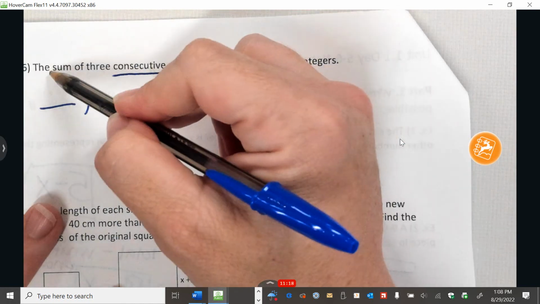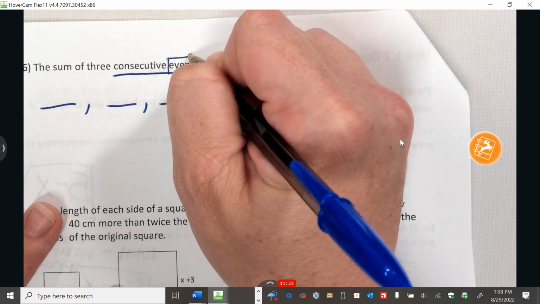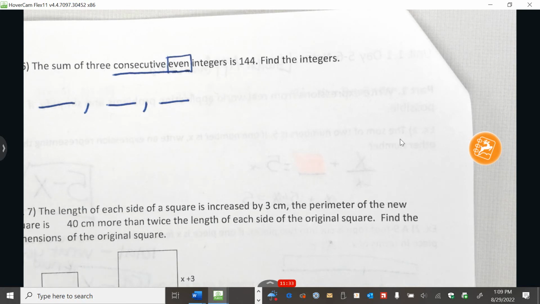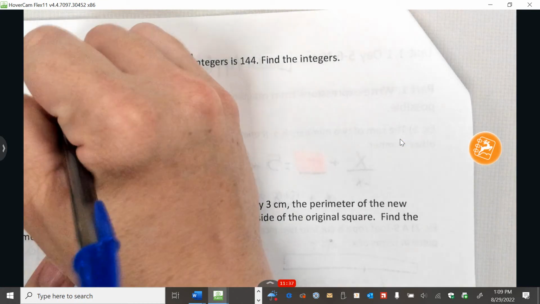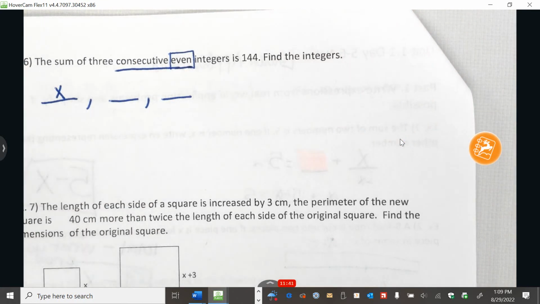So it says the sum of 3 consecutive even integers. What is different than number 3 on the front? Yeah, this time we're doing even numbers only, which are 2, 4, 6, 8. So knowing that, my first unknown is always x. So say my even number is 2. My next consecutive even number is what? How do you get from 2 to 4?